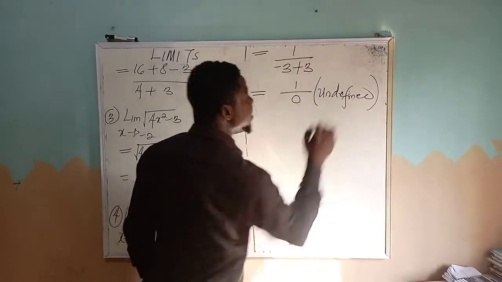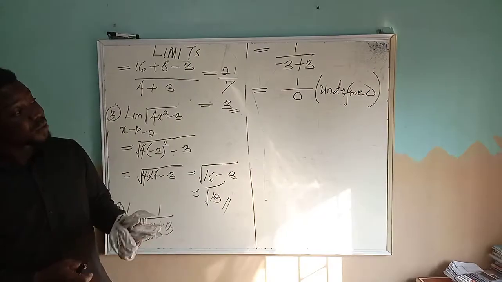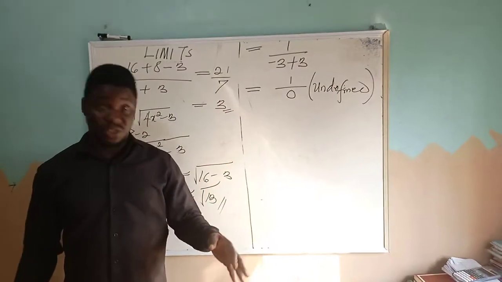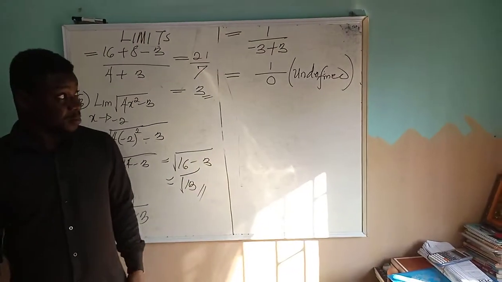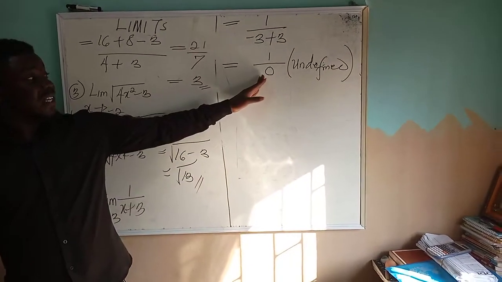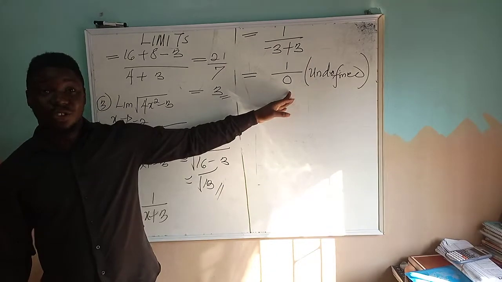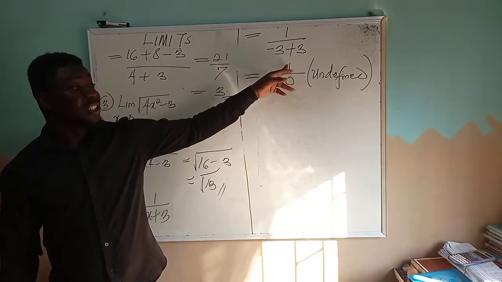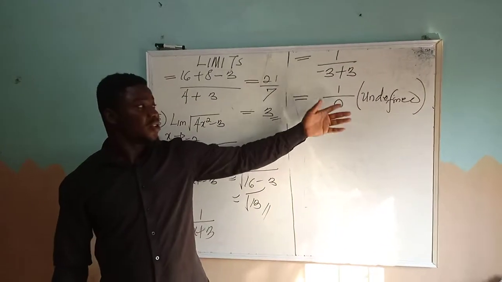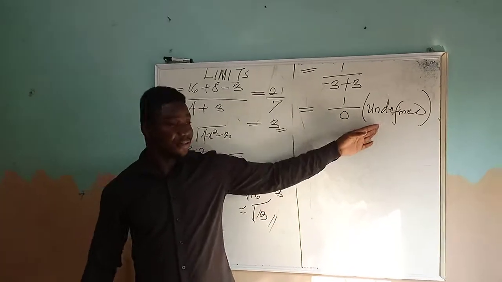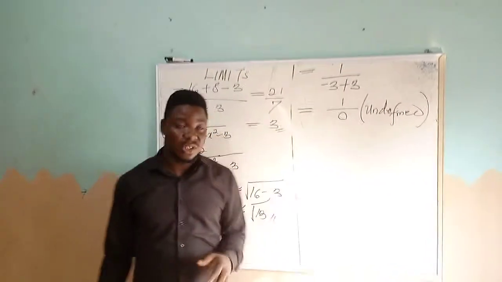The reason being that when you punch it into your calculator, you see that 1 over 0 is going to give you math error or syntax error. So when you have it in this nature, that is in such a way that you have 0 as the denominator and a non-zero digit as the numerator, such a conclusion becomes what? Undefined, or limit does not exist.